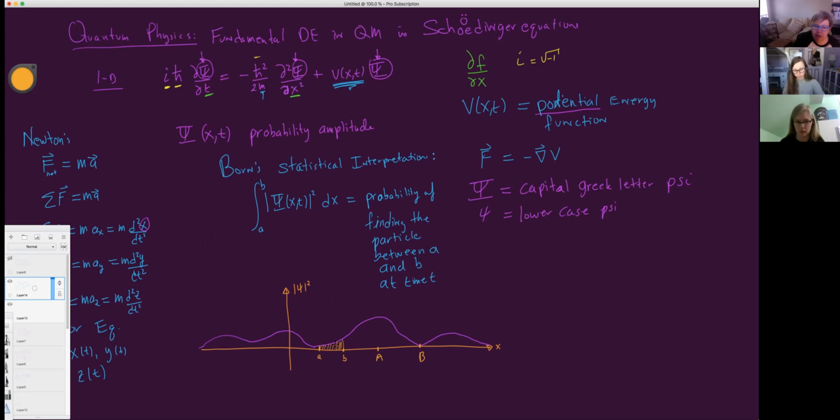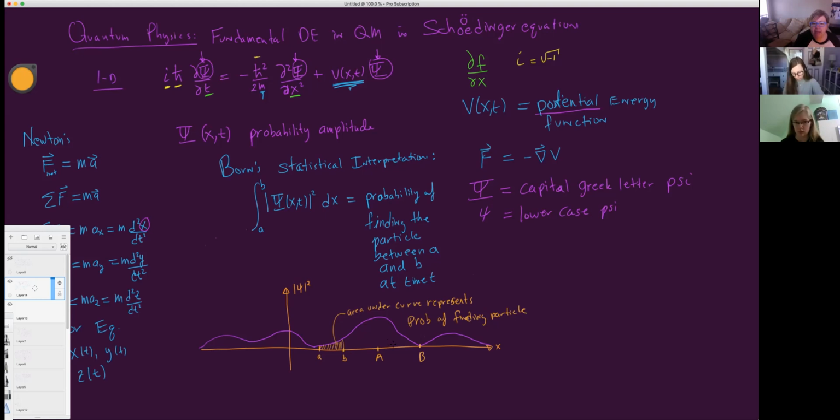So the area under the curve represents the probability, right, of finding the particle. Right? Okay. So you can't really predict with certainty where it is, right?